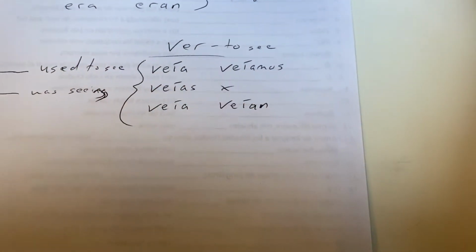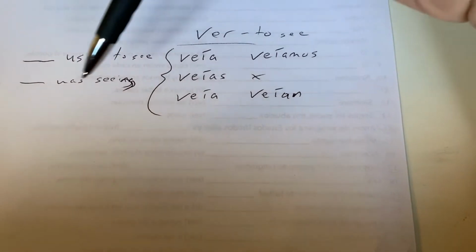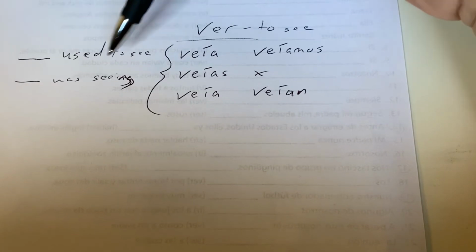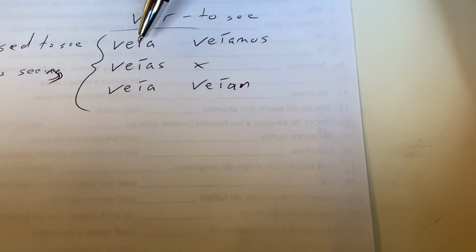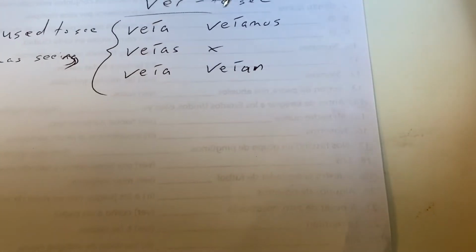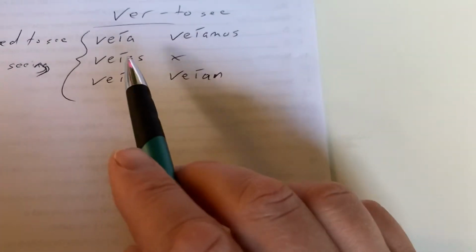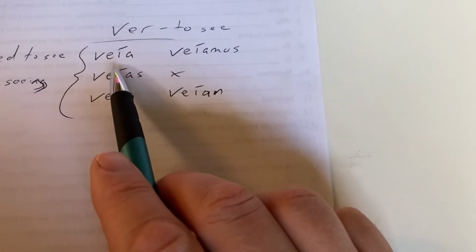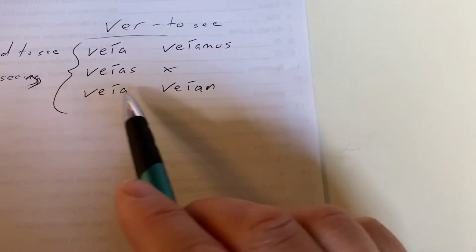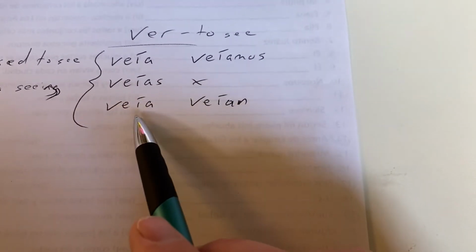Ver right here is to see, and the translations are used to see or was seeing. Then you have veía, veías, veía, veíamos, veían. Take a look at it right here. How is this irregular from any of the others?